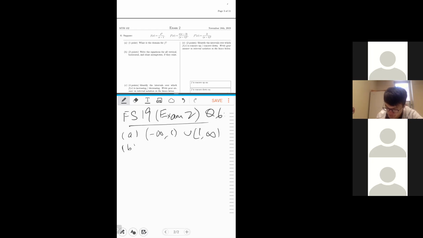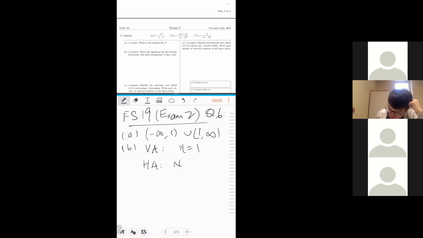And then we also finished the second part. The vertical asymptote is x equals 1.